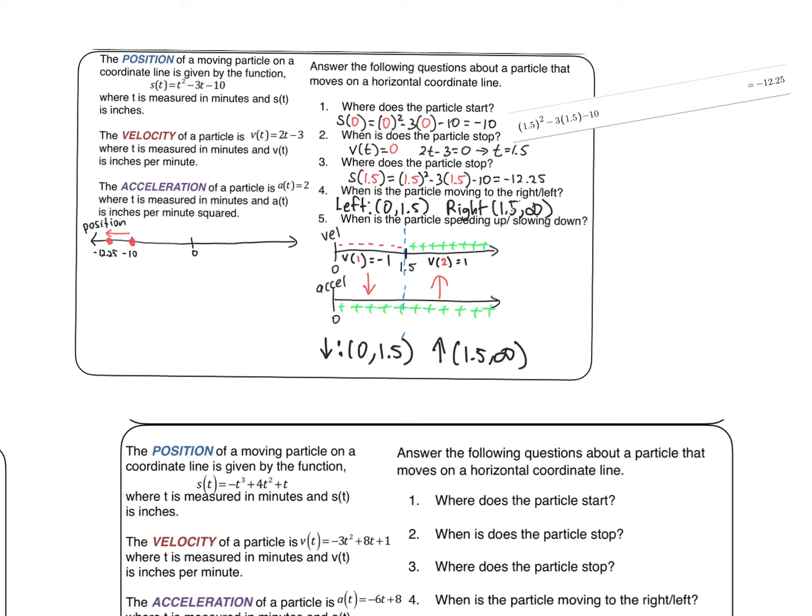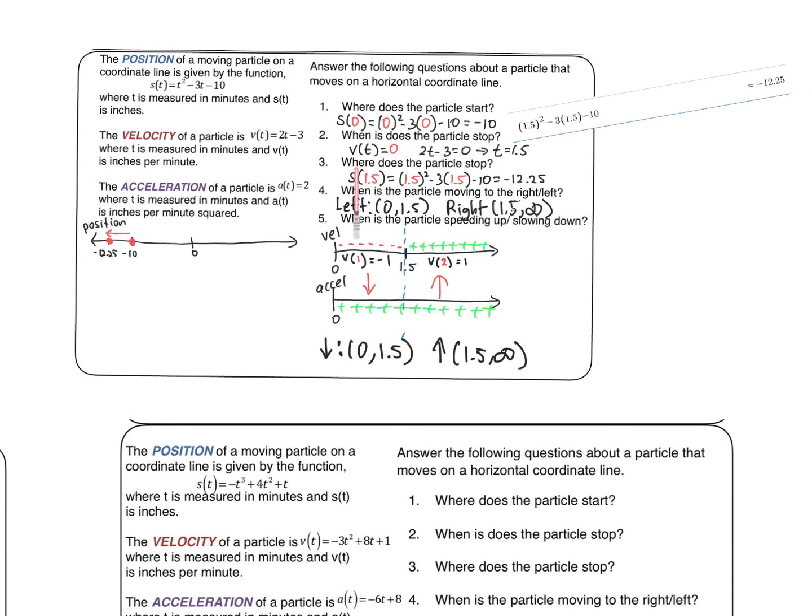But before we do that, let's finish things off and recap. We plugged 0 into the position function to find out where the particle started. Then we found out when the particle stops, and we found that after 1.5 minutes, the particle is at rest. It has stopped.